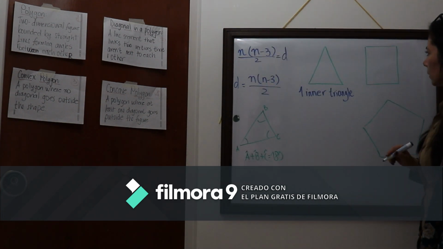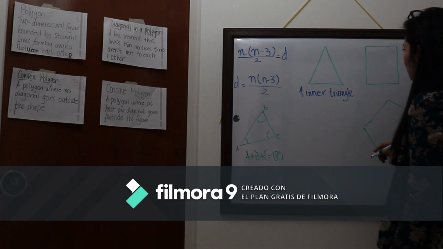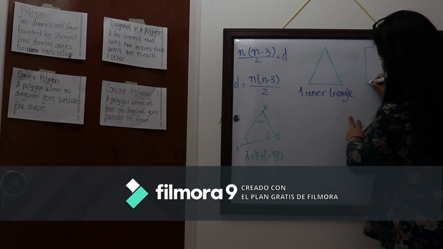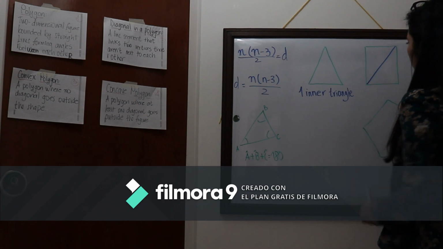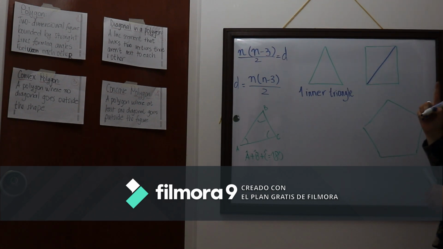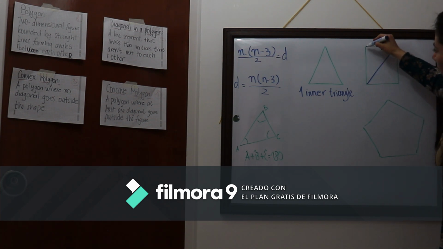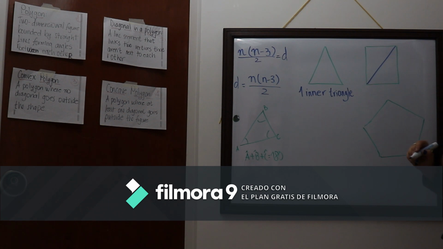Now think about the square. If I make one diagonal here, then I'm going to be able to get two triangles. Would it make sense to get the other diagonal working this way down? Well, not really, because we already have triangles.